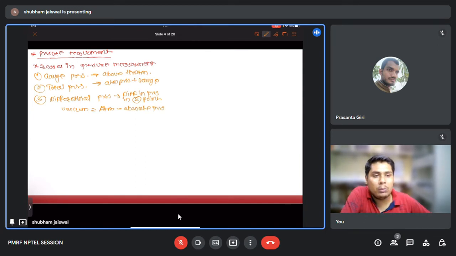So in vacuum, the gauge pressure is negative, whereas the pressure above the atmospheric pressure is the gauge pressure, and that is the positive gauge pressure. But in case of vacuum, the gauge pressure is negative, and also in case of vacuum, the absolute pressure is always positive. So next we have seen the absolute pressure.